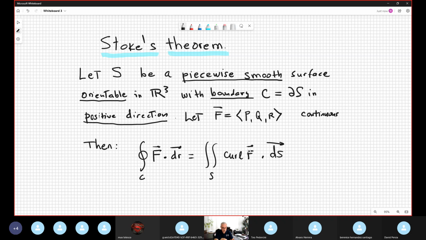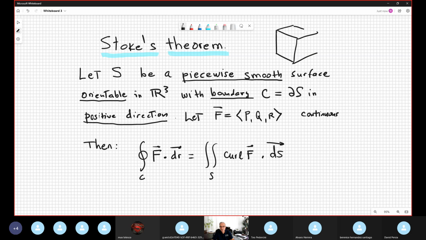Okay, but let me explain quickly. What does piecewise smooth surface mean? Well, suppose that the classical surface is smooth, a paraboloid, but I want to complicate your life, for example. Suppose a box.